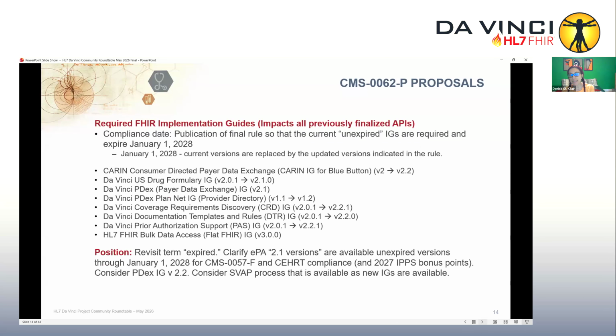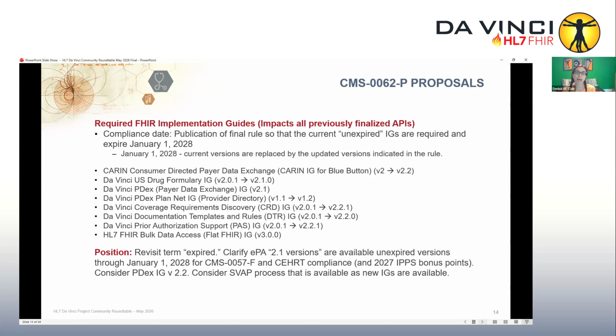The other piece that is very interesting in this rule is that those implementation guides that were previously recommended under previous rulemaking are now being proposed to be required under this rule. And this impacts all previously finalized APIs.